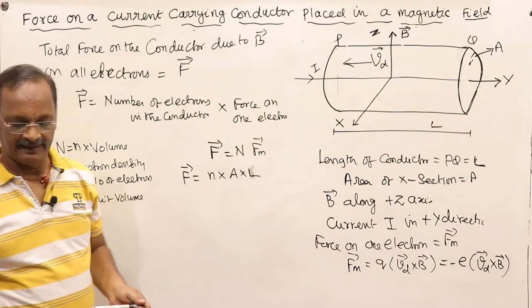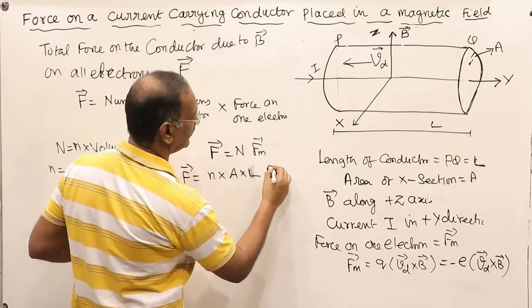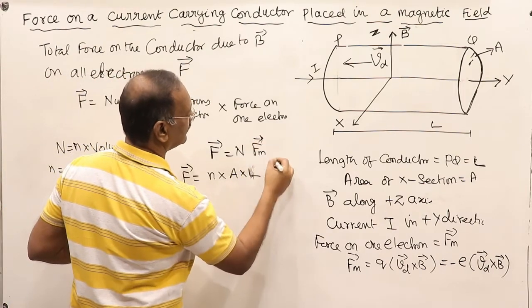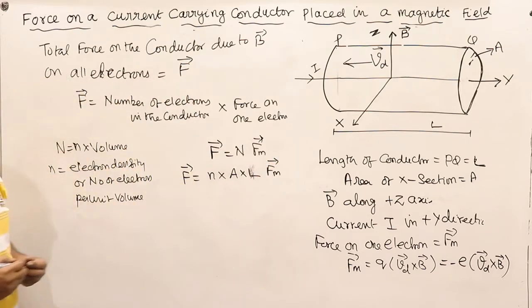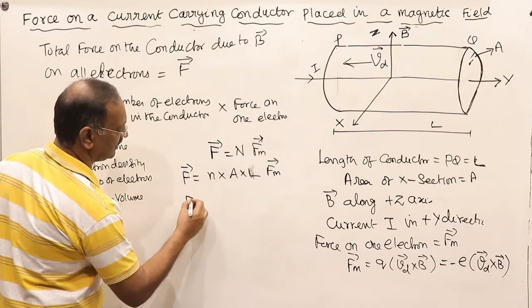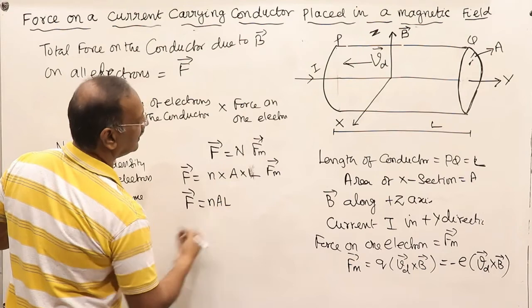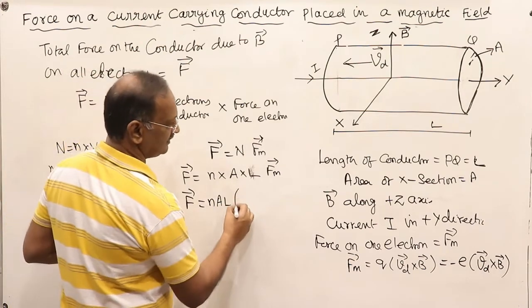So we can write F is equal to N A L into Fm. So F, the total force on the conductor, is equal to N into A into L into Fm. What is Fm?